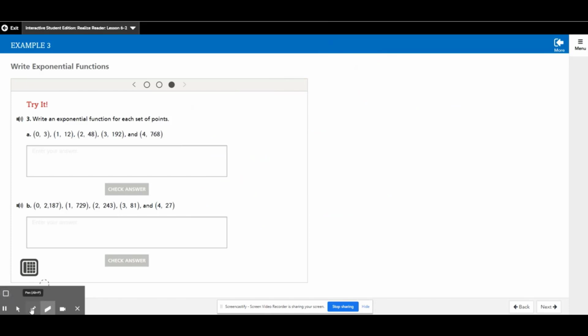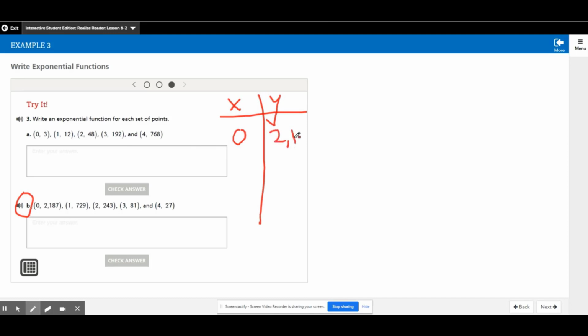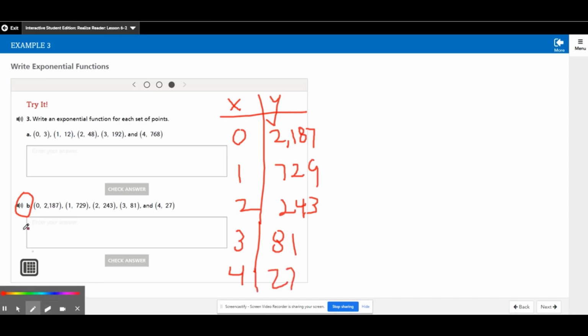The last one, same deal, question B. I'm going to write an XY table: (0, 2187), (1, 729), (2, 243), (3, 81), and (4, 27).